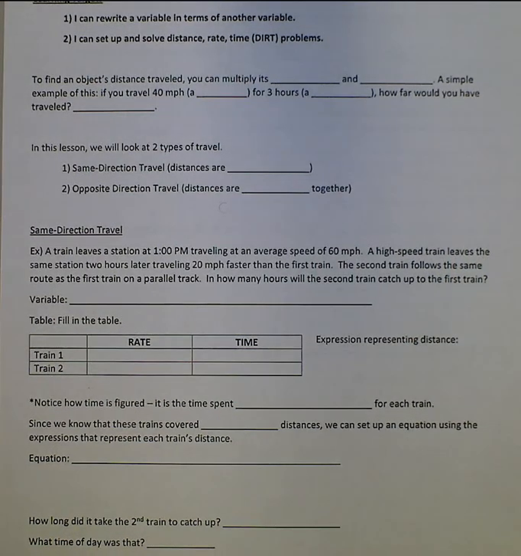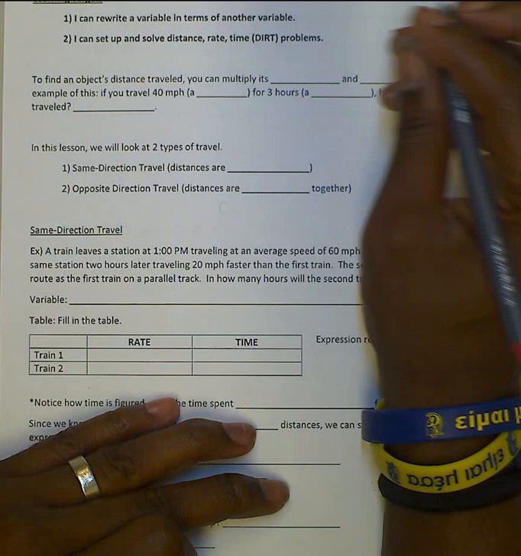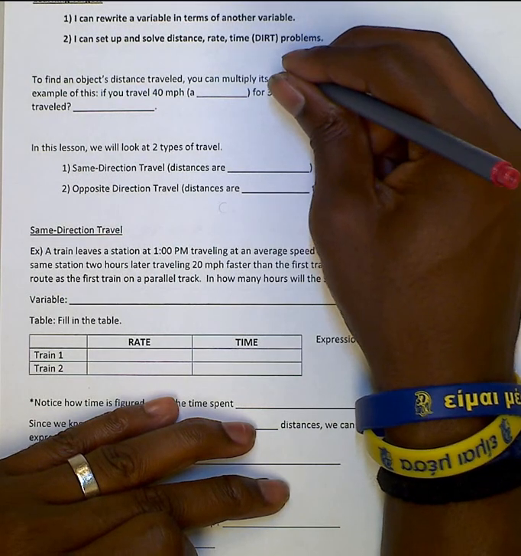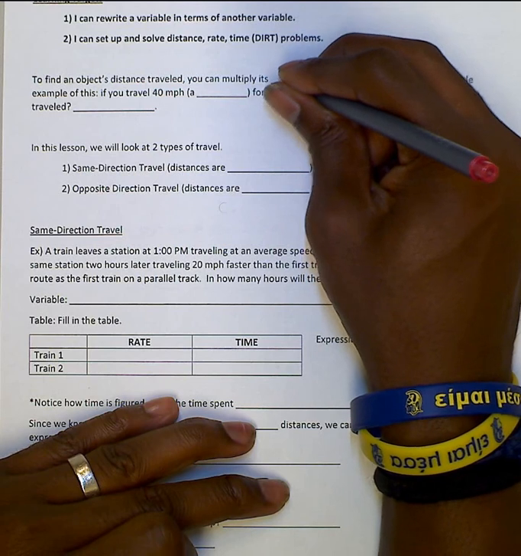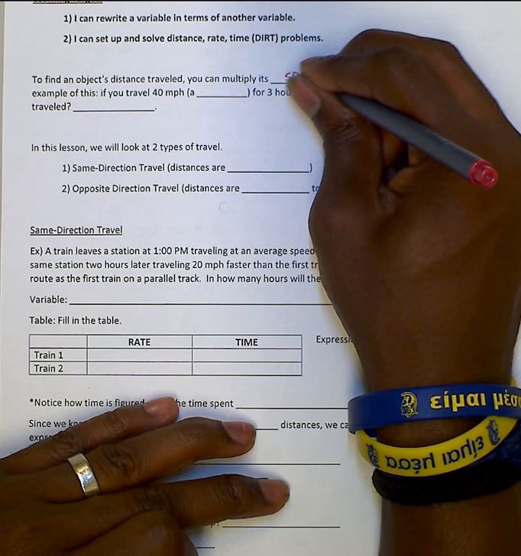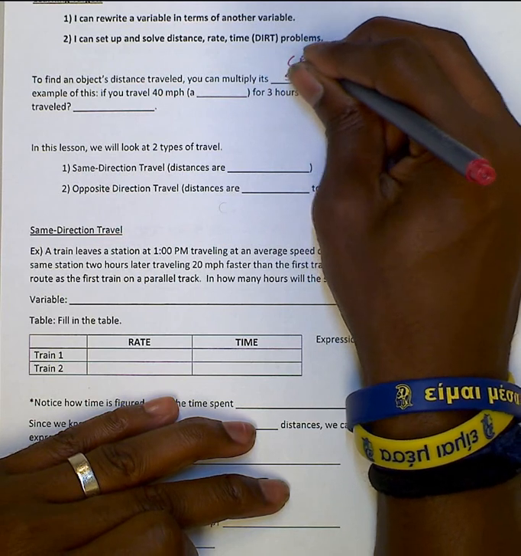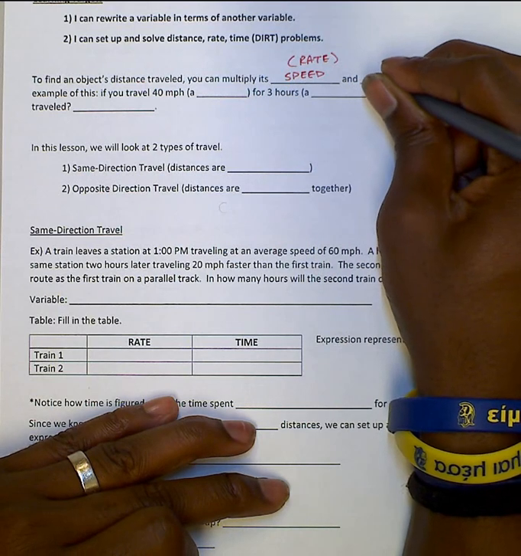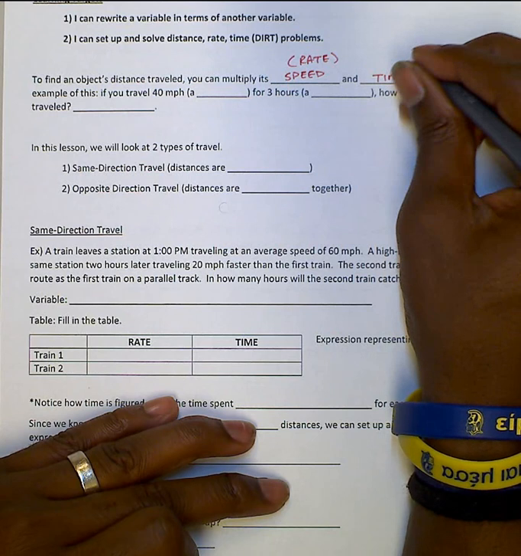It's important to understand how we find distance. Remember that we can find distance by multiplying. To find an object's distance, you can multiply its speed or rate and time. And I want you to think of time as duration.